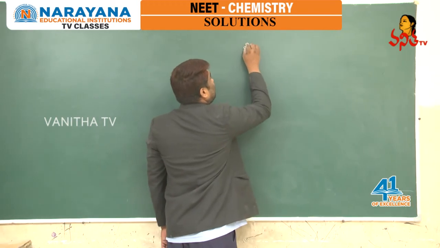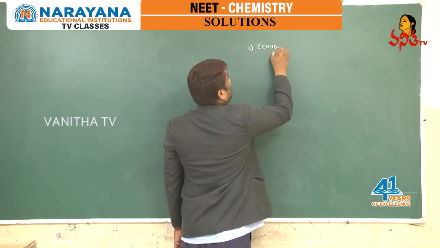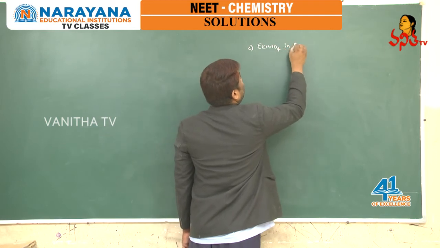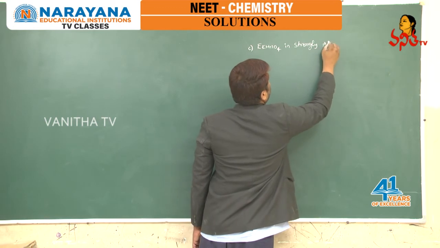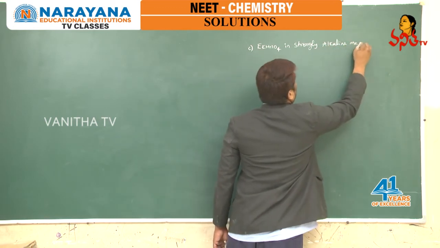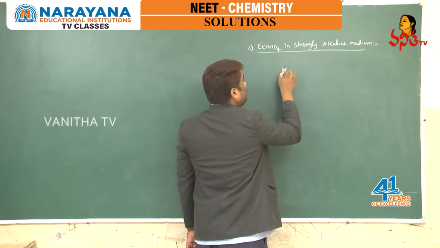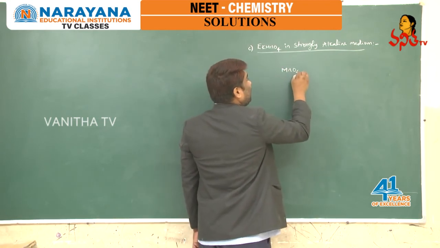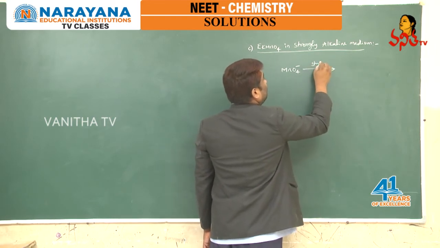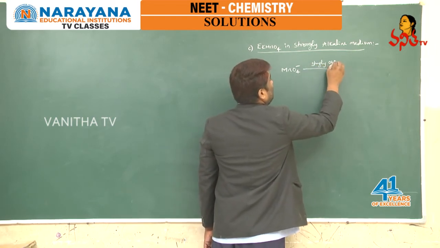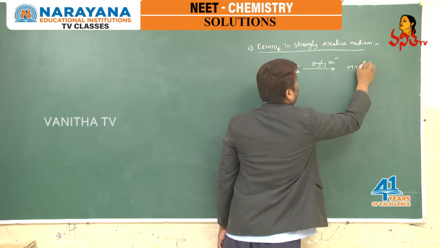C, equivalent weight of KMnO4 in strongly alkaline medium. The change that takes place is that the permanganate ion in strongly alkaline medium is converted to MnO4 2 minus.